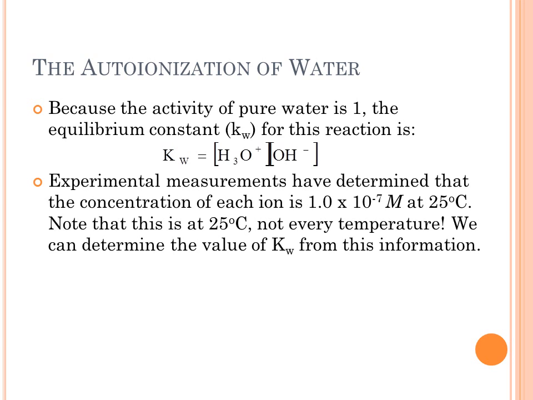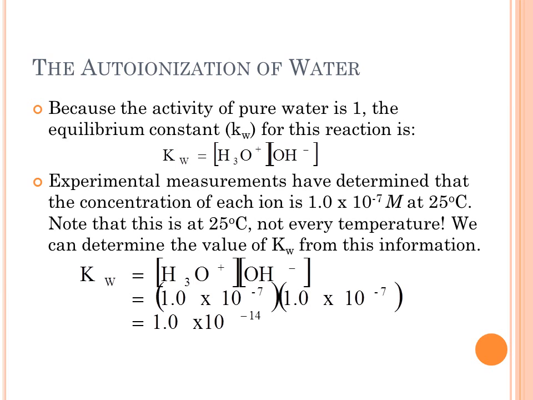But that's at 25 degrees Celsius, not every temperature. And so we can determine Kw from that. Since it's the product of the two concentrations, 1 times 10 to the negative 7th times 1 times 10 to the negative 7th is 1.0 times 10 to the negative 14th. And that is a constant Kw, which we'll be using in this chapter, but it's good at 25 degrees Celsius.